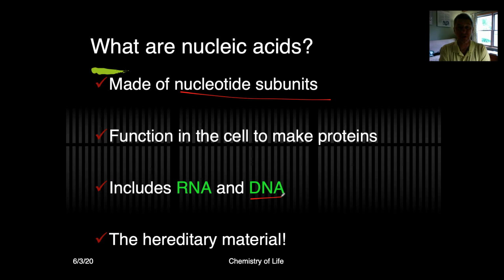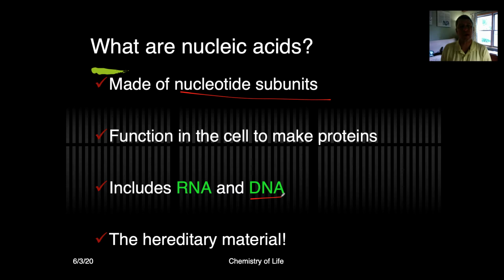And so the differences in each individual and between each species are based on the differences in the nucleic acid chain that we build in order to produce the proteins that we need. All right, so certain animals have different proteins than other animals, which have different proteins than plants. And all of that is based on the DNA structure inside our cells.